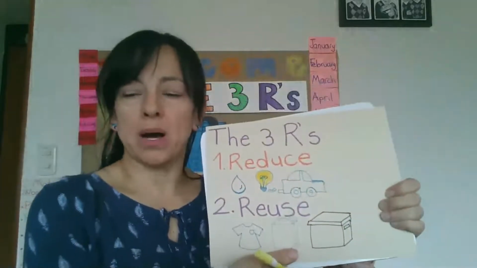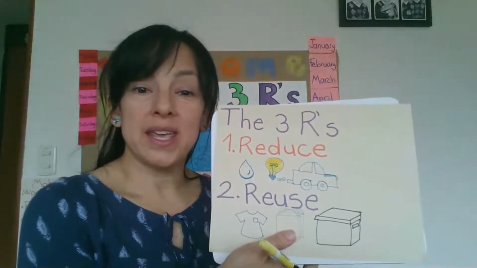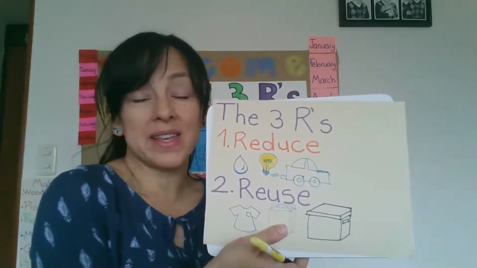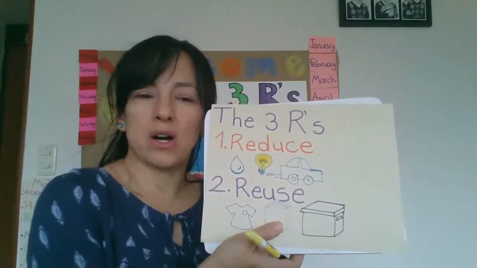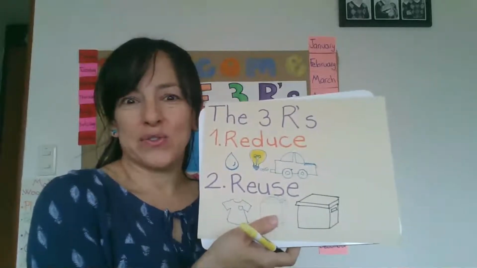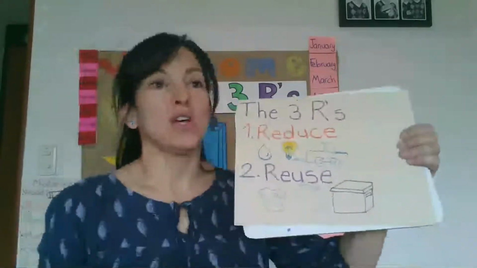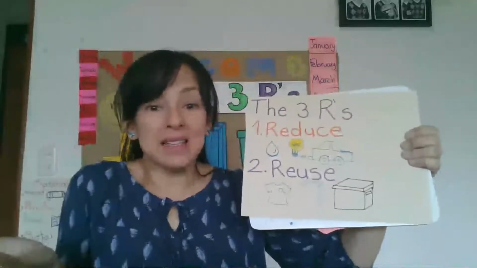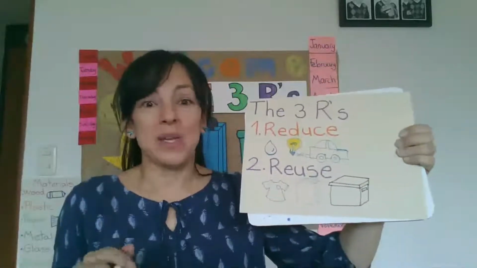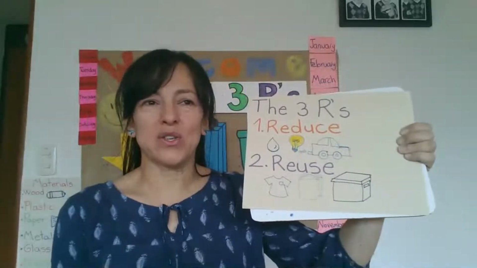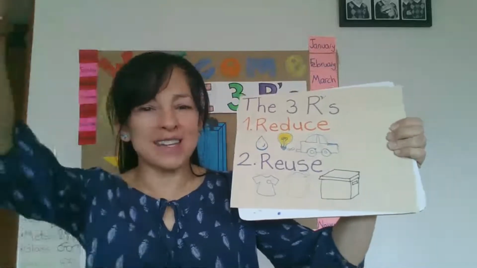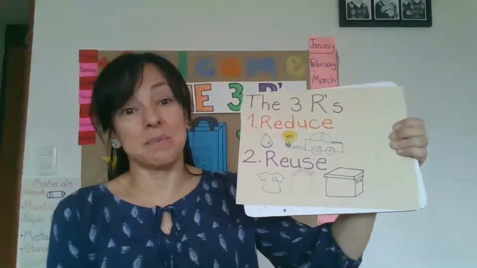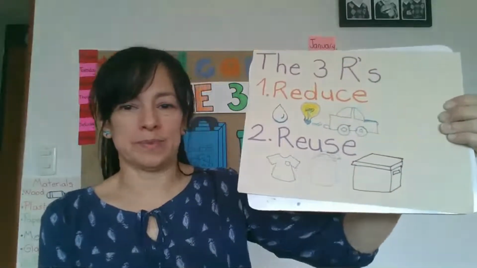So this is a box that we can reuse. It can be for something very different. For example, a box of shoes. We can reuse that box to put the toys, the Legos inside, or we can build something with that box. We can build a toy with that box. We can build a rocket with that box. We are reusing that object, that material. Reuse.